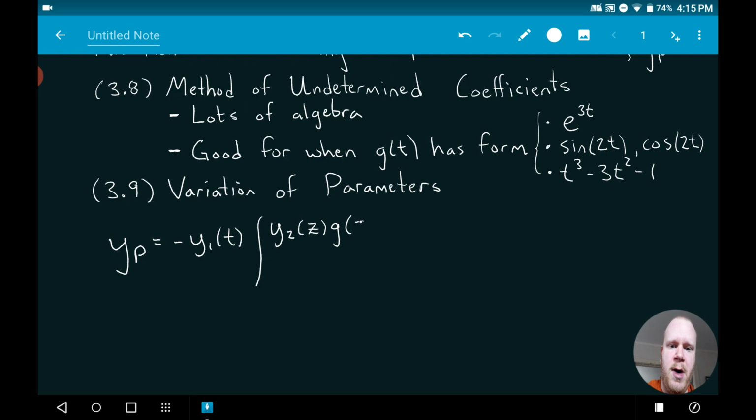I'll talk about why in a second. And that's all divided by this W of z. This is the Wronskian that we saw earlier. That was our check to see that we have fundamental sets.